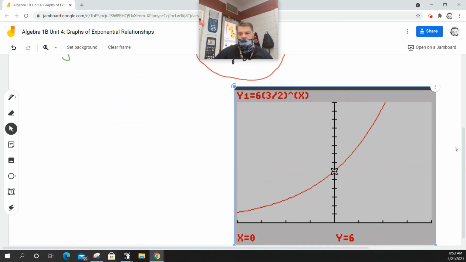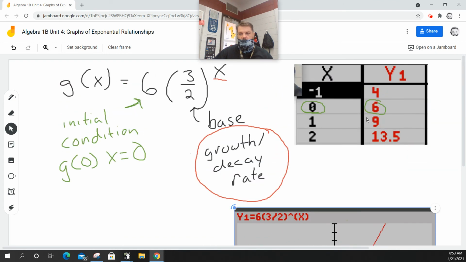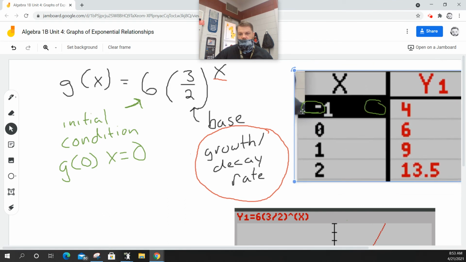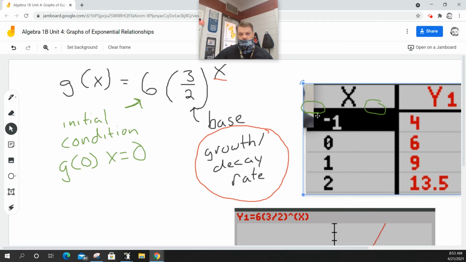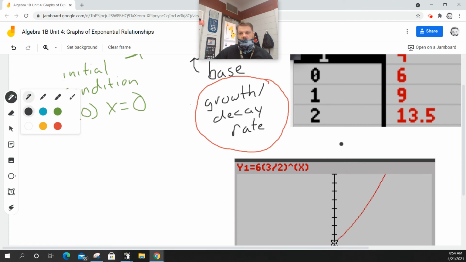What we want to do, or what you're going to be asked to do, when x equals -1, oh, that's funny. I got to get rid of those little circles now. When x equals -1, y equals 4.